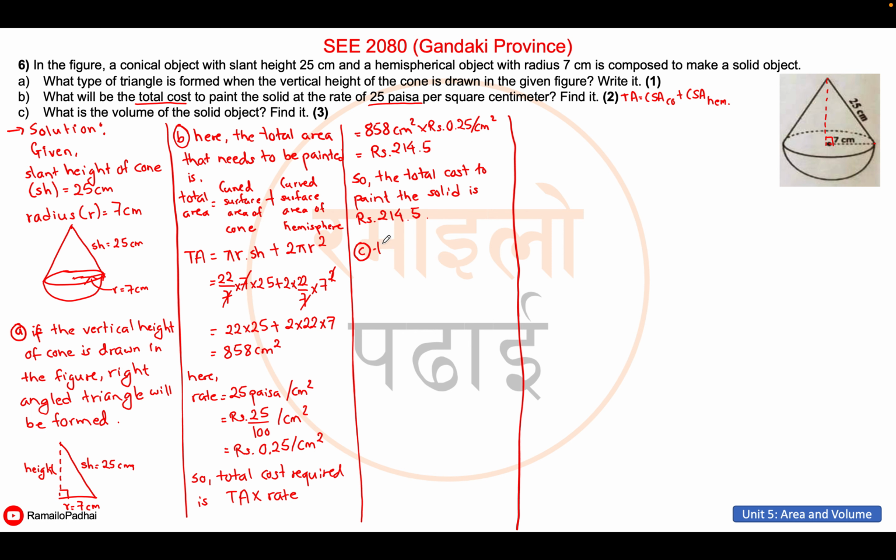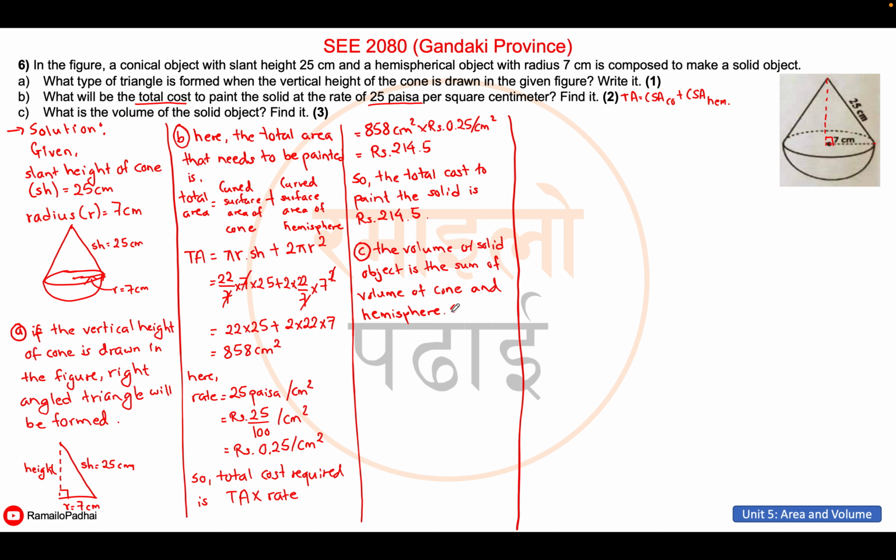So the volume of the solid object is the sum of the volume of the cone and the hemisphere.